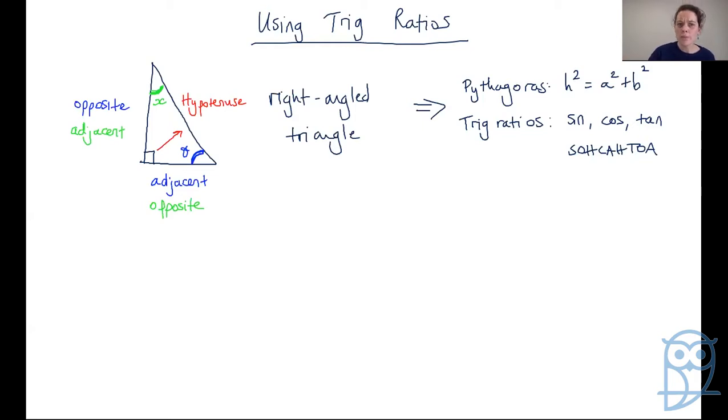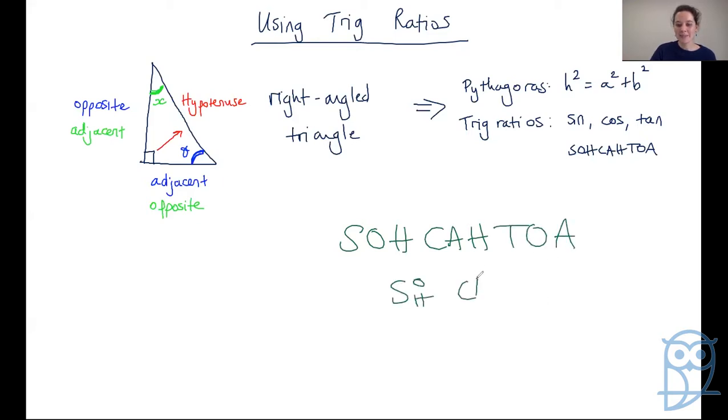What does SOHCAHTOA mean? Just double checking before we move on any further with that. So a lot of people write it like this. I like to write it like this, because this is even more of a reminder.